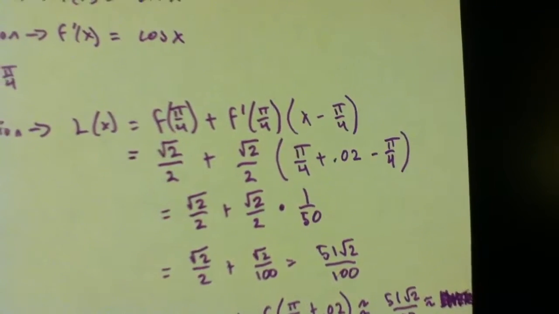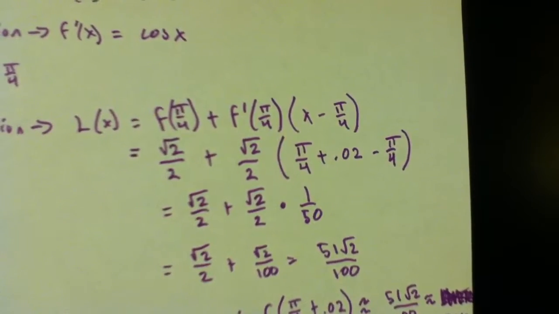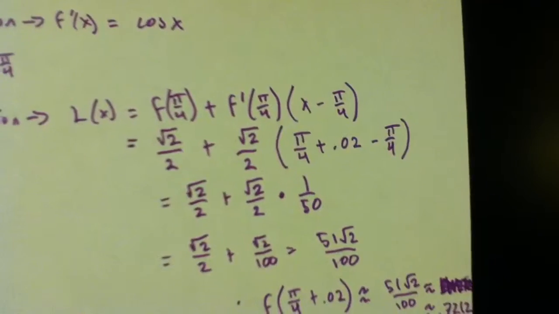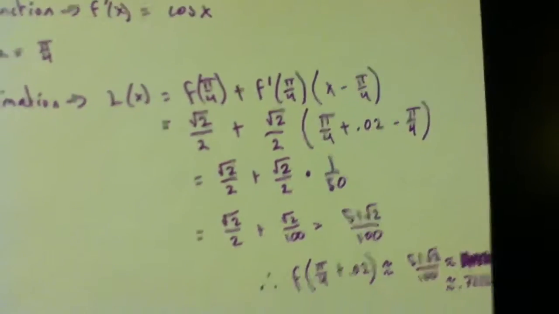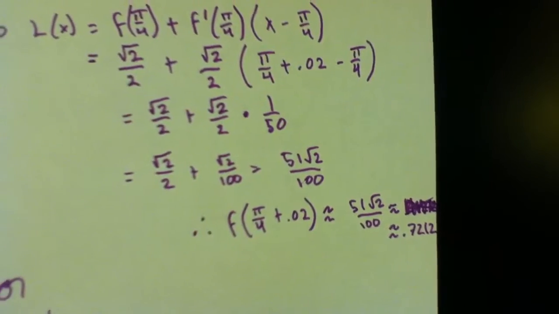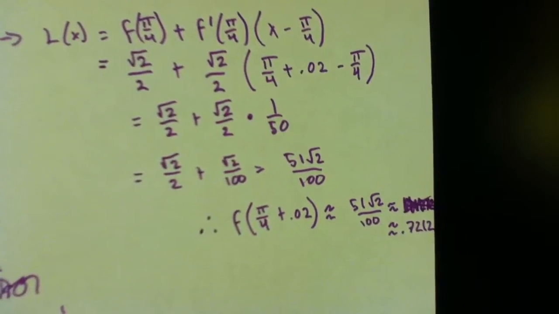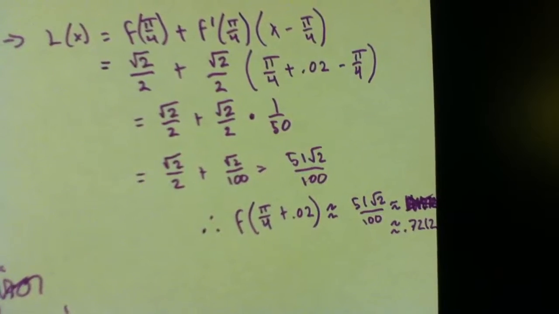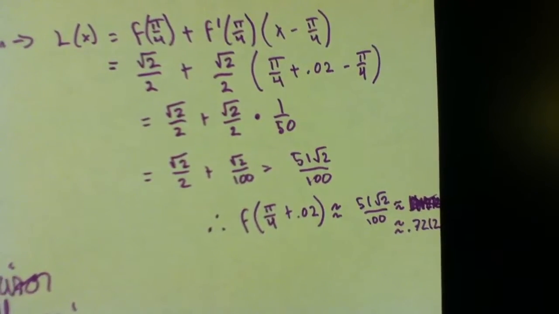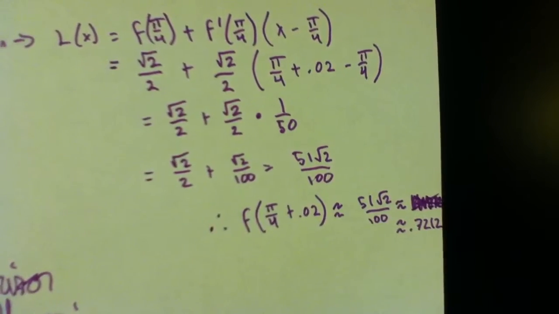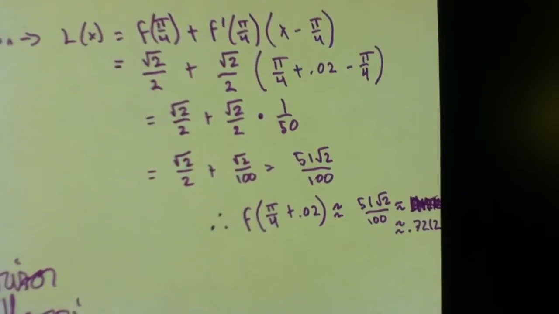And that is multiplied by pi over 4 plus 0.02 minus pi over 4. The pi over 4's in the parentheses cancel out, and it ends up equaling 51 root 2 over 100, which about equals 0.7212. Therefore, f of pi over 4 plus 0.02 about equals 0.7212.